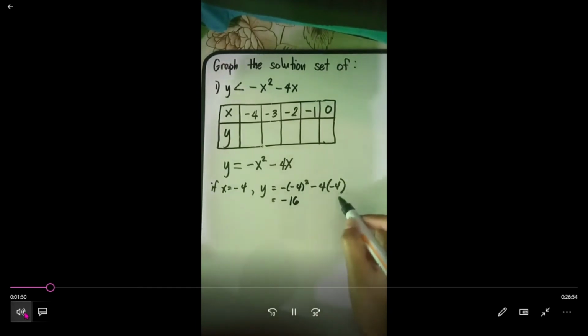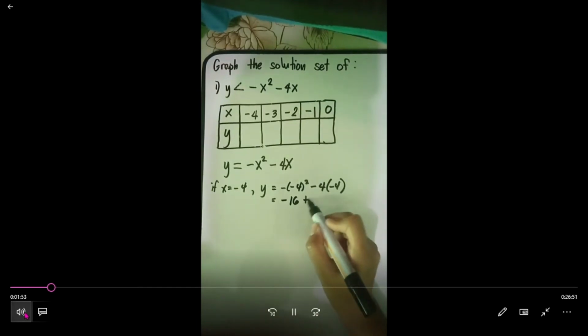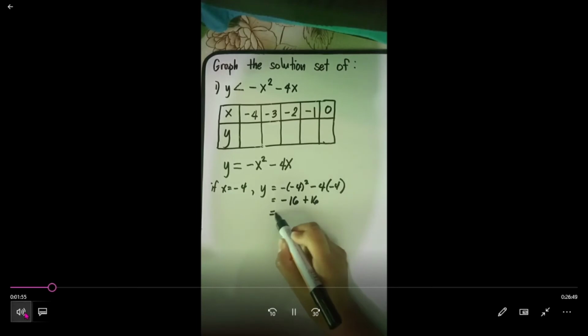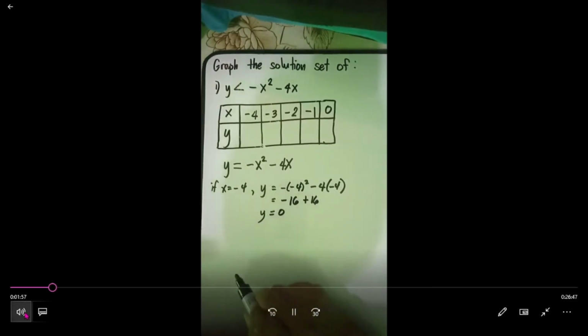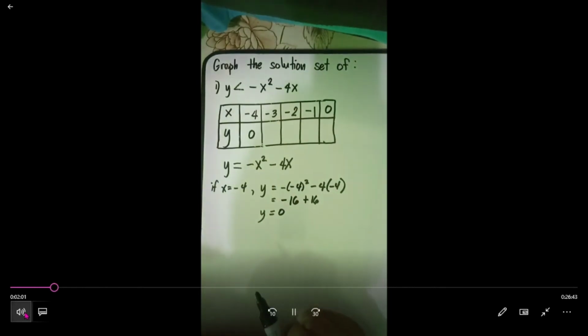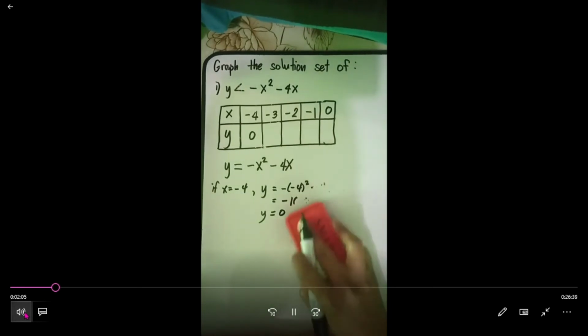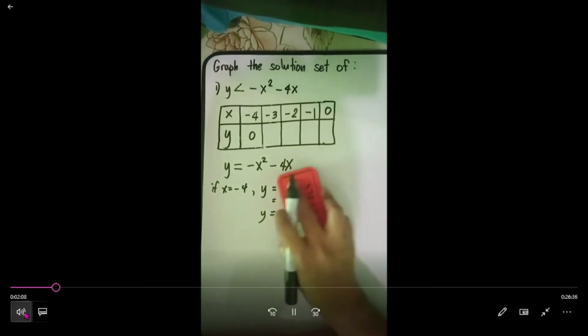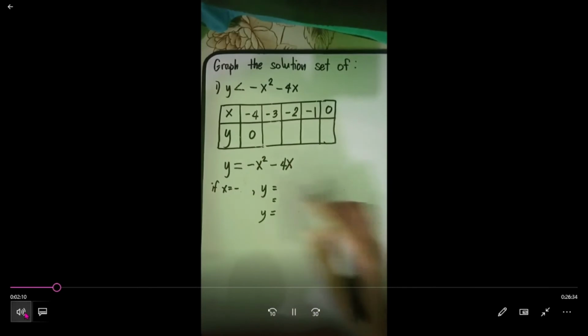Negative 4 times negative 4, we have positive 16. So that makes our y equal to 0. So we are going to write 0 here.